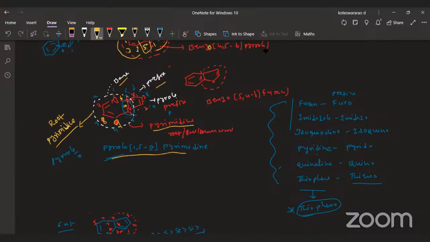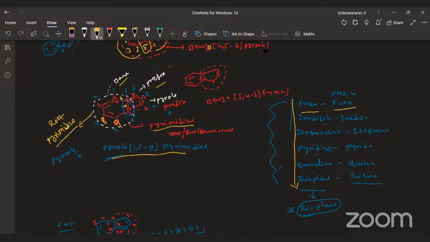Now, we have several molecules containing different kinds of heteroatoms existing as fused rings. Multiple heterocyclic rings exist as fused rings. In such cases, we need to give the prefix. If it is furan, we use the prefix furo.